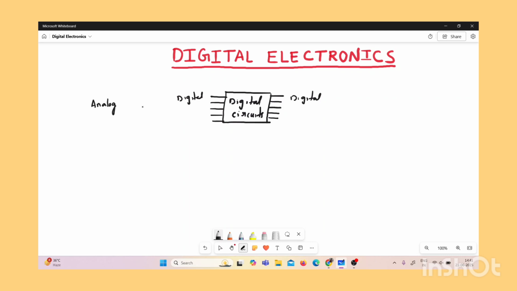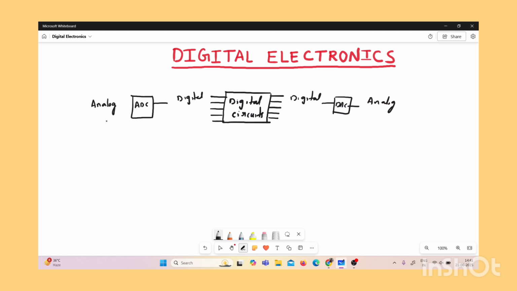So for that we need some converter, let us say an ADC. The ADC converts the analog signal to digital, and that digital input is applied to the digital circuits. Similarly, whatever output comes from these digital circuits, again we need to convert using a DAC to analog format.